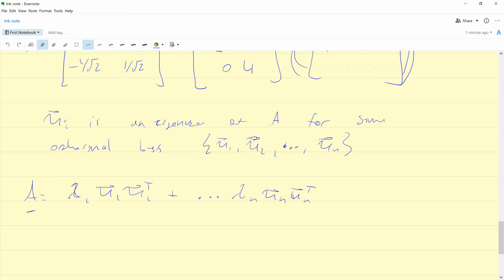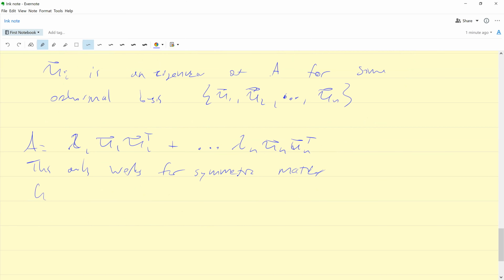This decomposition only works for symmetric matrices because we have to have this orthonormal basis. And now the goal is, can we extend this to any matrix? That's what we're going to try to do with SVD. Let me flip over to 7.4 so we don't misstate any of the theorems.